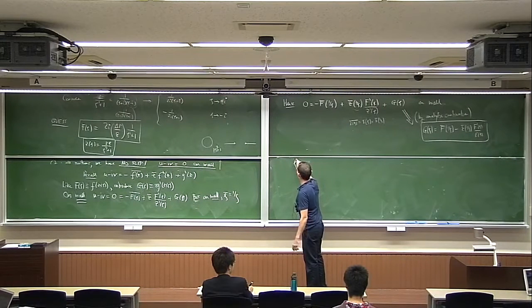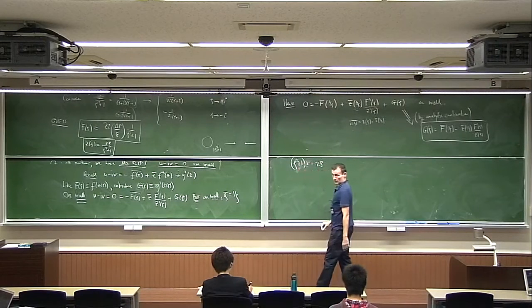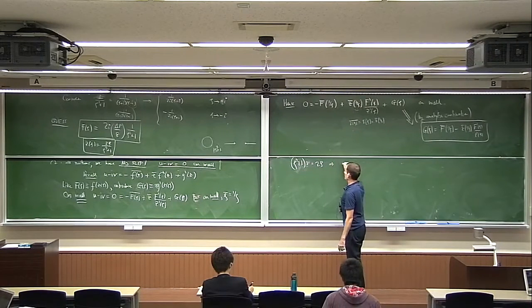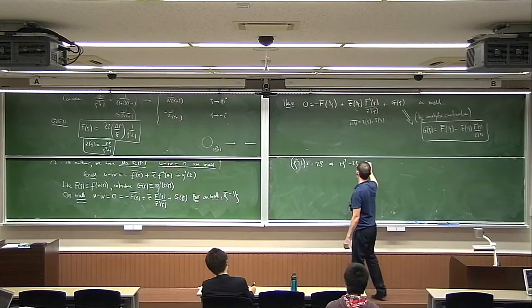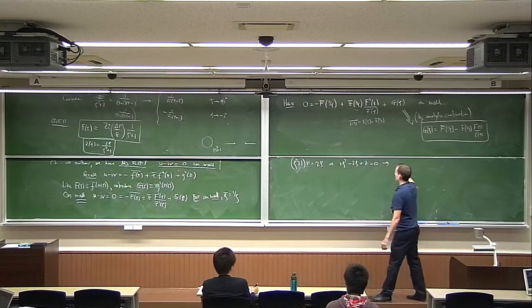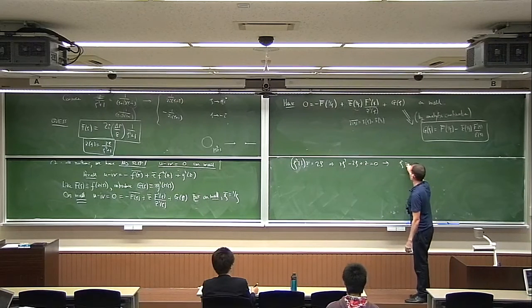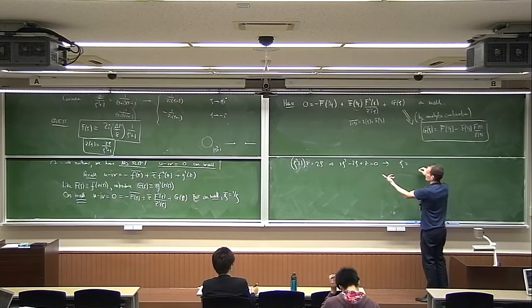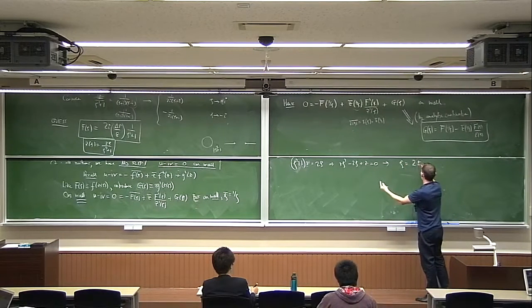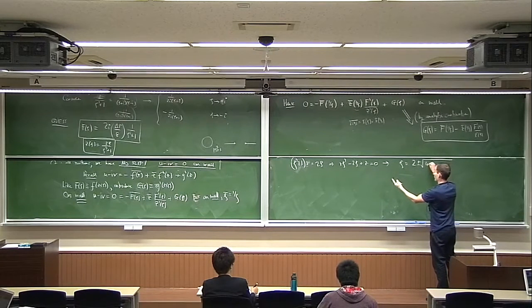What is it? Zeta squared plus 1 is 2 zeta z, which is z zeta squared minus 2 zeta plus z. It's quadratic for zeta. Aha!